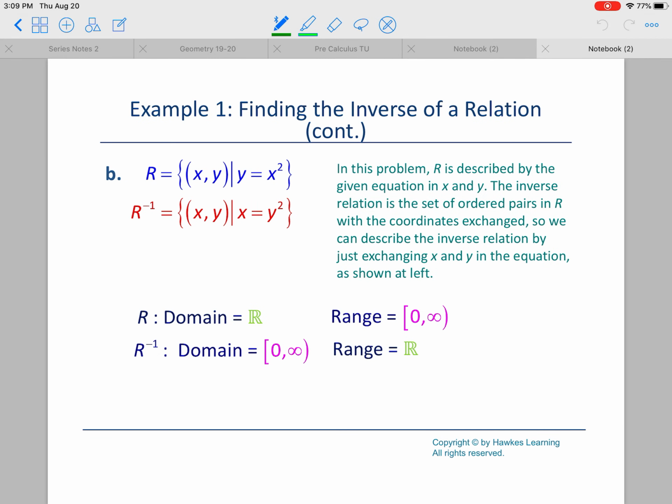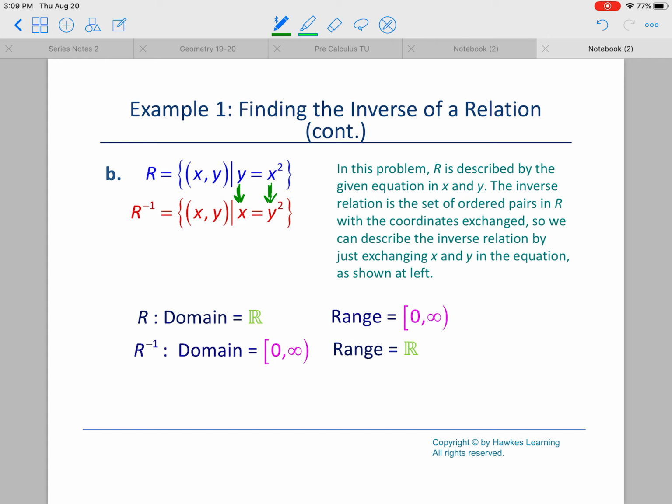Okay, what about y equals x squared? That was the second problem. So my original relation is y equals x squared, and its inverse, just like we did with the ordered pairs, we find by switching the x and the y's. If you look, the y in the equation became the x, and the x in the equation became the y.